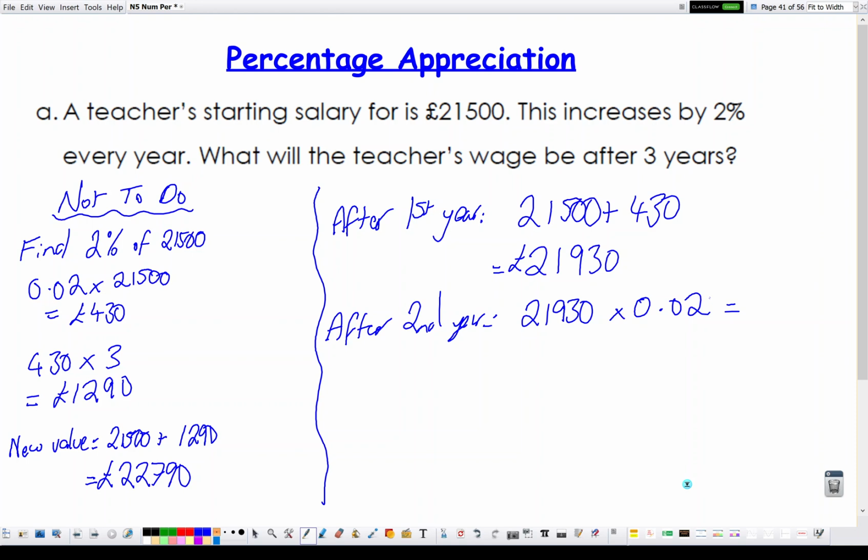You can do it with me on the calculator, if you've got one, just to check. So it's £438.60. Now I just need to add that on to this salary.